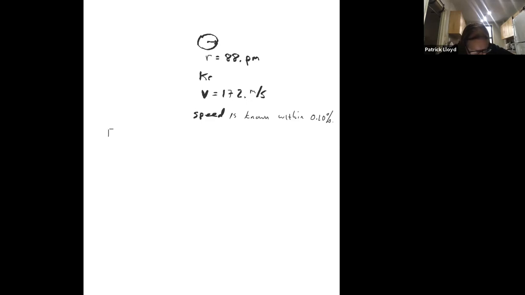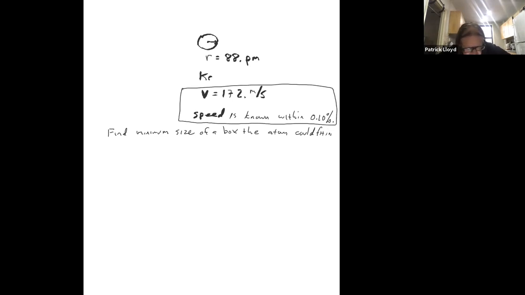Now find the minimum size of a box the atom could fit in. So here's what you're doing. You're saying, look, we have some measure of the uncertainty. I'll go through the calculation on that. This is going to give us delta V. So what do you calculate? You calculate delta X. So what we're saying is you've got this atom, it's going to be in a box.